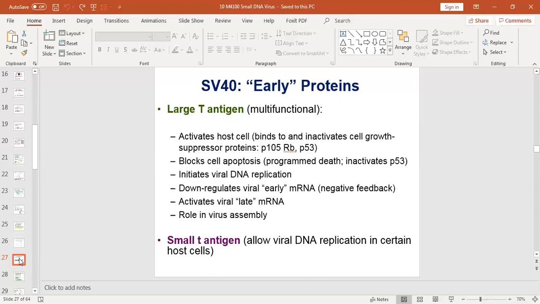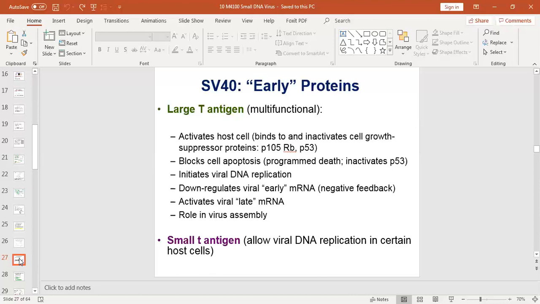Large T antigen also blocks cell apoptosis, or programmed cell death. We talked about apoptosis before. It's a genetic and tightly regulated program where, if the damage to the cell is beyond repair, the cell is programmed and destined to die.